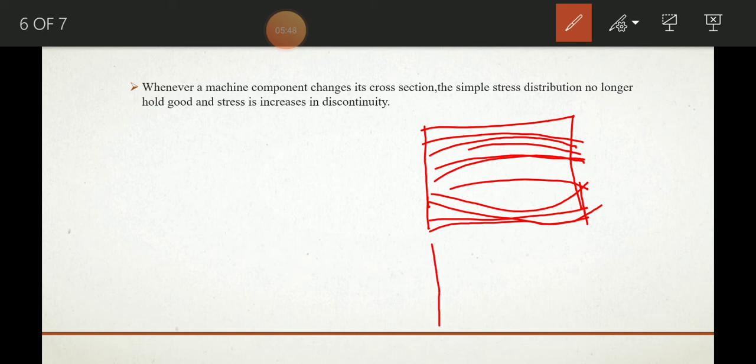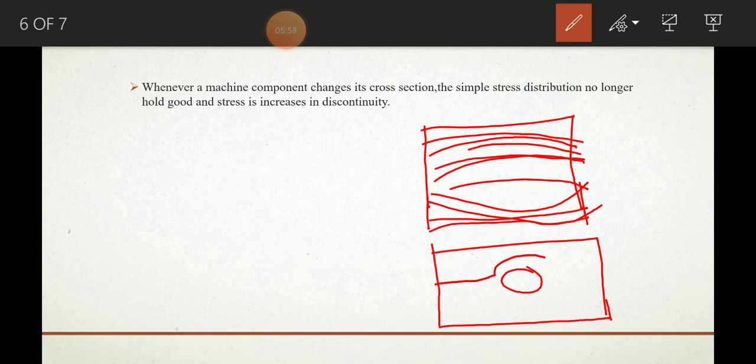But whenever there is a change in cross section, suppose there is a rectangle and there is a hole in between, what will happen? The stress lines are no longer uniformly distributed. It will be something like this. And in this area there will be an increase in the stress intensity, and because of that the failure of the material will occur.